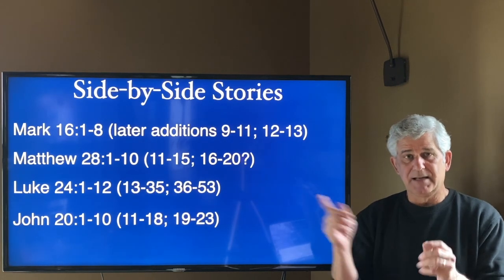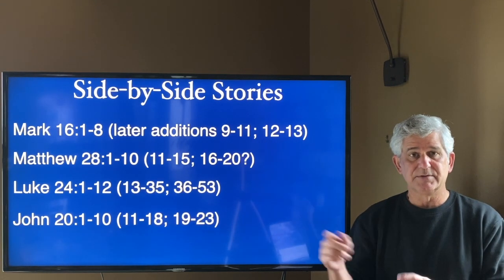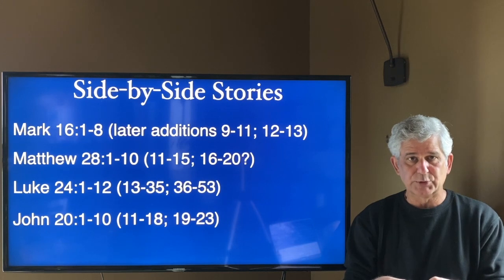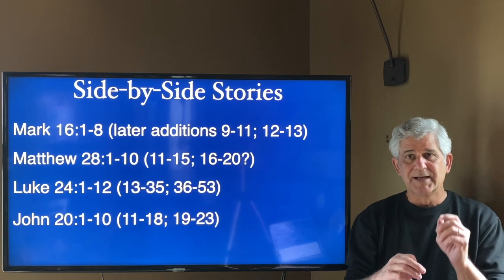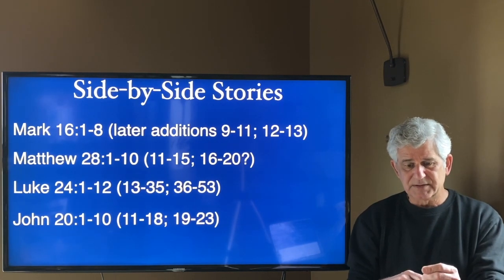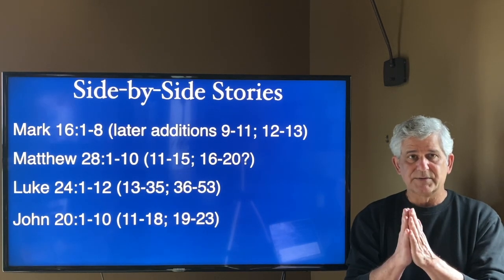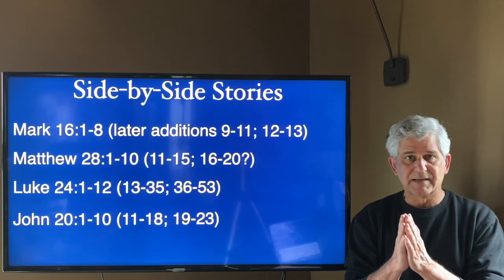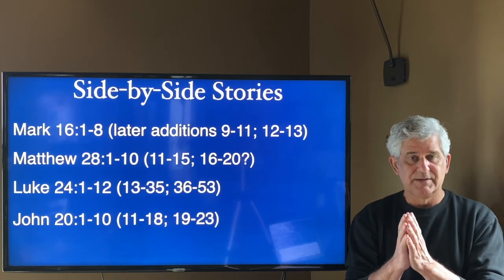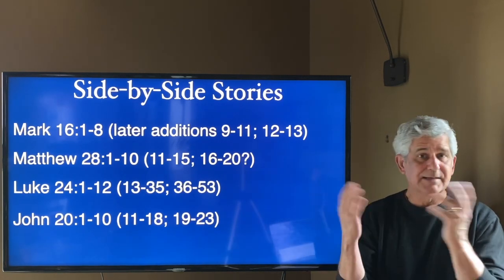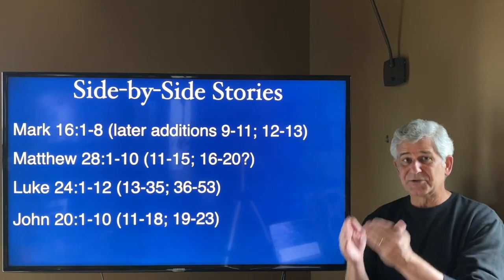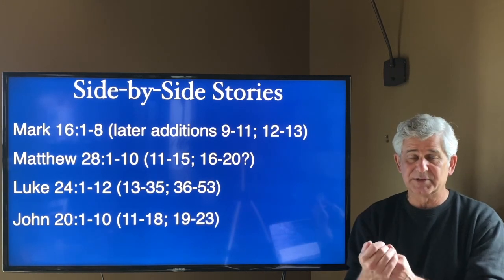But later that day, Jesus will appear to the other disciples in a locked room. And you remember that story because that's when Jesus makes an appearance, and Thomas is not there. And so they tell Thomas later, and he doubts. And then a week later, Jesus appears again, and that's when Thomas believes.